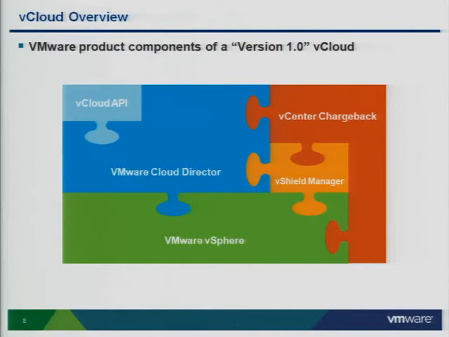The last piece is vCenter Chargeback, which is a way to get the resource consumption aligned with the actual kind of usage, trying to align the usage with the cost of the resources. So this is kind of at a high level, just all the pieces for our first cut of the vCloud. Over time, as we have more solutions, more products into the solution, we'll add to this. But this is kind of where we see it today.